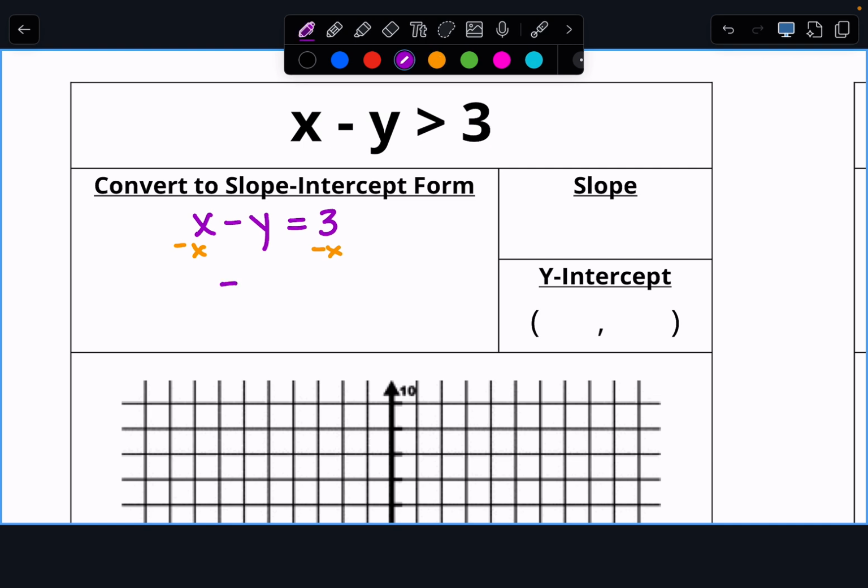So we have negative y equals negative x plus 3. What would we have to do? Divide by negative 1. So the linear equation we're going to graph is y equals positive x minus 3.